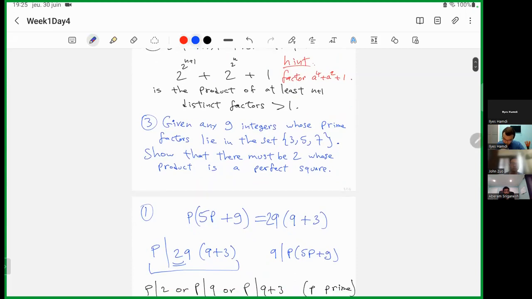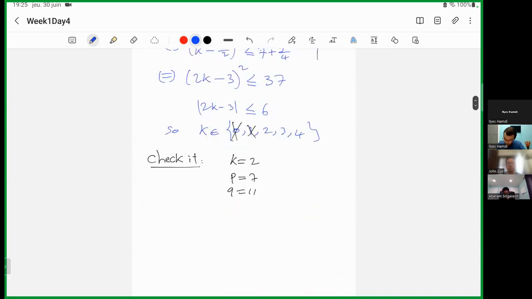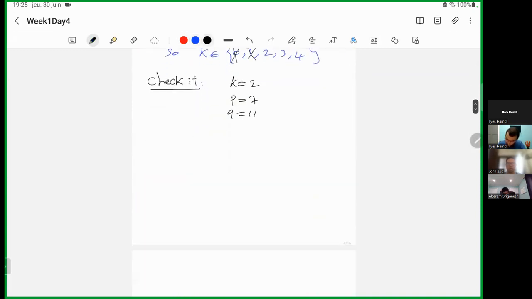Problem 3. I'm looking at a set of 9 integers, okay? And I know that the prime factors are only 3, 5, or 7. So how can I write down those integers knowing this fact? Well, I know how to write their prime factorization, right?